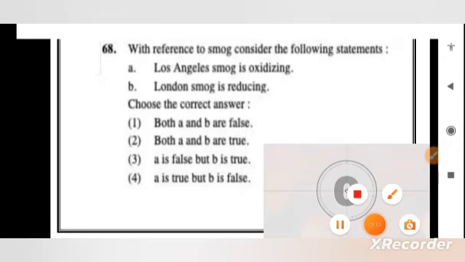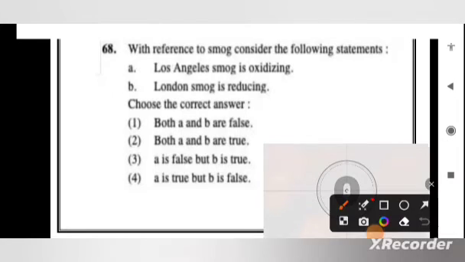As we know that the Los Angeles smog is also known as photochemical smog, which is oxidizing in nature, whereas the London smog is sulfurous smog, which is reducing in nature. So here both statements are correct. So our correct option will be option second.